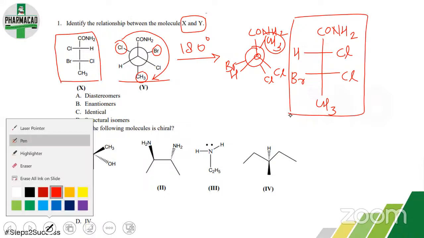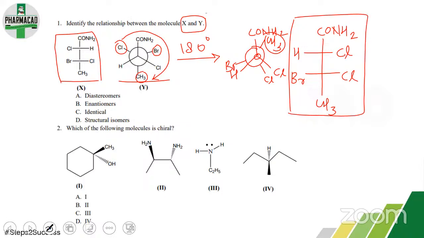So as you can see, the difference is at this carbon as well as this carbon, because in first structure in X, we are having chlorine on left hand side, whereas in case of Y, we are having chlorine at right hand side. Talking about the second carbon, the chlorine is on right hand side. And in this case, we are having chlorine on right hand side.